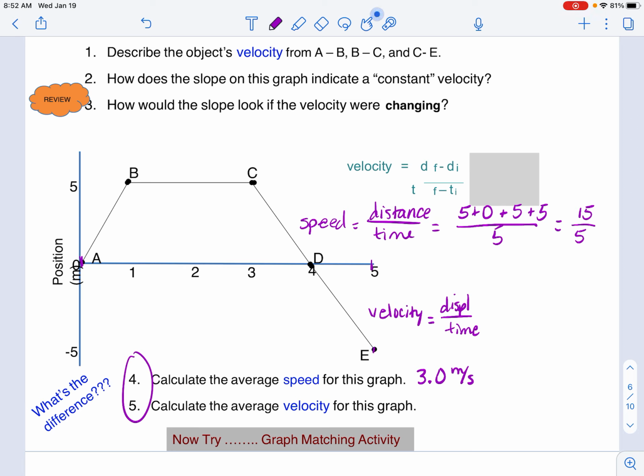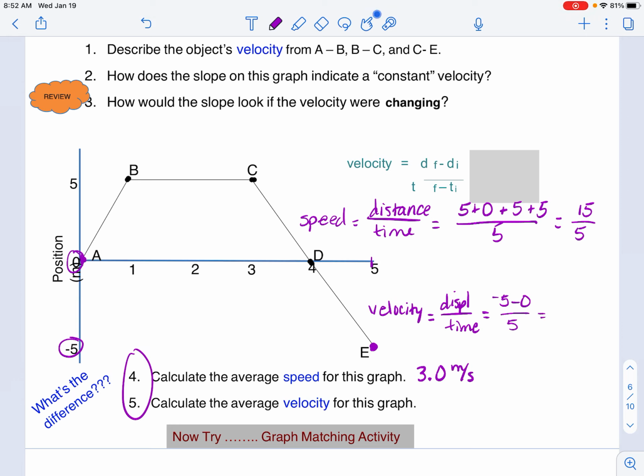Now I am simply going to look at my ending point and my beginning point, and those are the only values that matter. So delta always means final minus initial, and then once again we're using the full 5 seconds of time, so I get negative 5 over 5, which gives me a value of negative 1.0 if we're taking a quiz or a test.